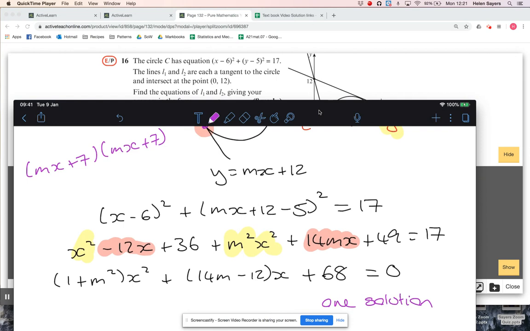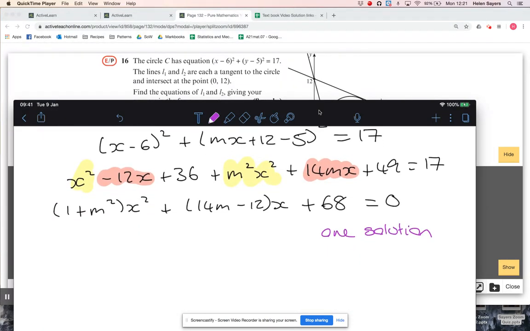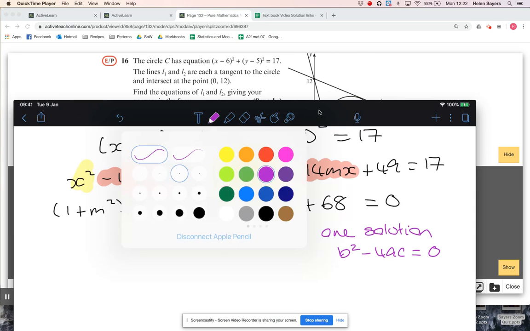One solution, or a repeated root, makes me think of the discriminant. Okay, so you can see why they said this was a problem-solving question. That quadratic should only have one solution, which means discriminant equals 0.